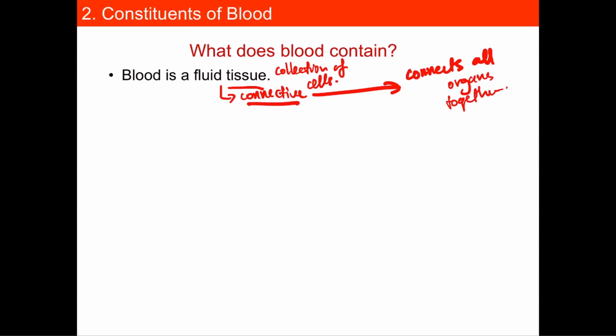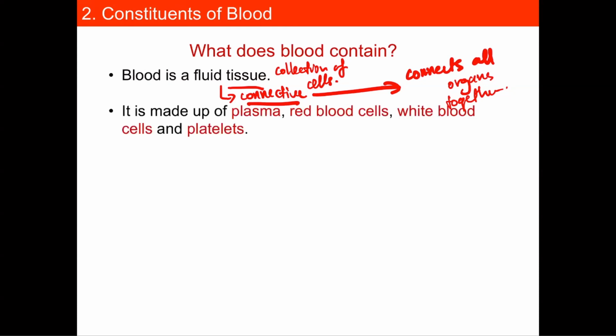So there is no part of your body that has no blood, right? Even your eye has blood, your brain has blood, your skin has blood. Every single part of your body, of course, except for your hair, has blood, right? Hence, your blood connects all your organs together because your blood can flow to all parts of your body, right?